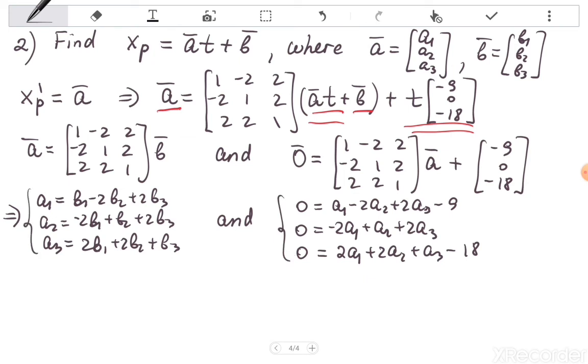So we have these two systems. Of course, it's better to solve this one first to find these three unknowns, and then substitute into this system to solve with respect to b. So this is what we're going to do.